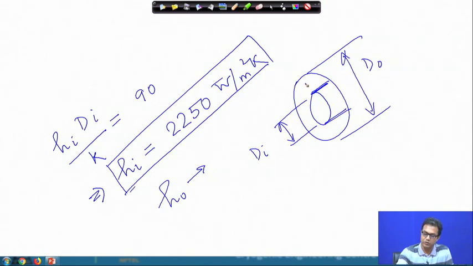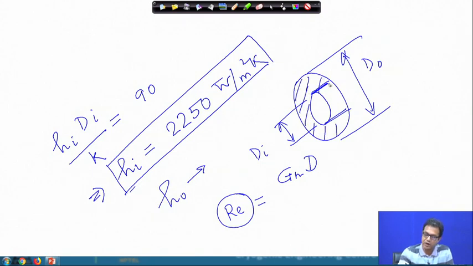Before going into that, we need to find out the Reynolds number for this annular space.